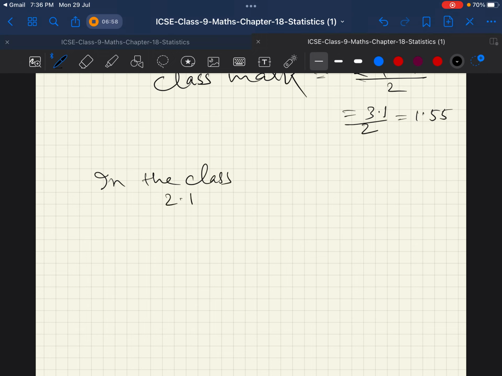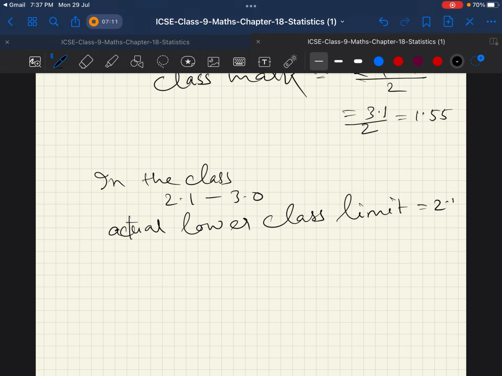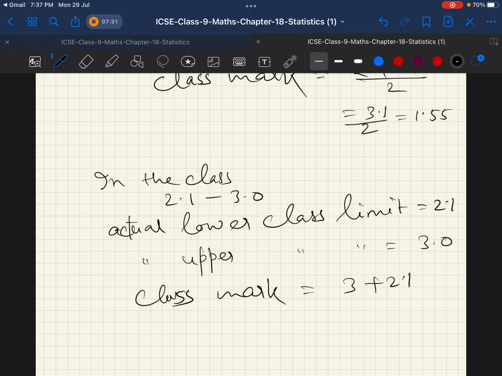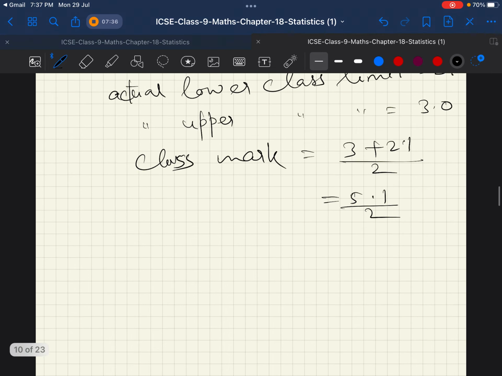Now in the class 2.1 to 3, here lower class limit is 2.1 and upper class limit 3, and the class mark is mid value, that is 3 plus 2.1 by 2, 5.1 by 2.